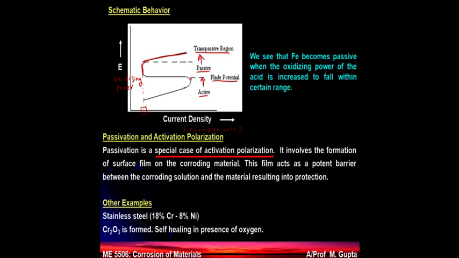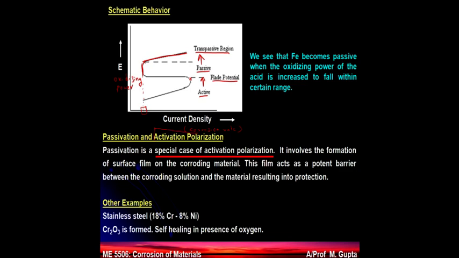So basically, the initial understanding was that in case of passivation, some kind of protective layer is formed on the surface. Now this is almost similar to activation polarization.